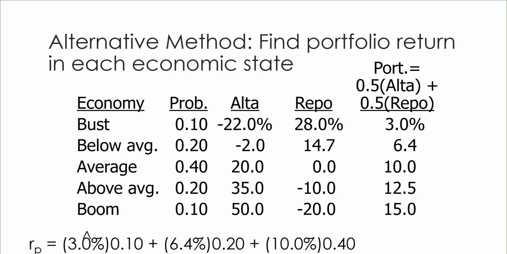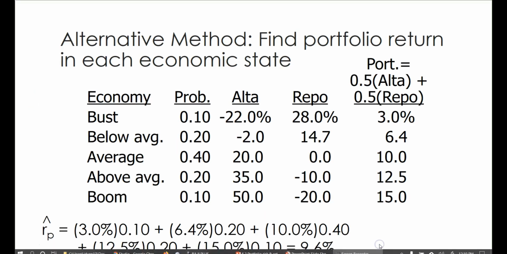You can also do it in a different way as well. We could calculate the expected return for each of the assets in the state of the economy. So Alta has a negative 22% return in a bust and Repo a 28% return.